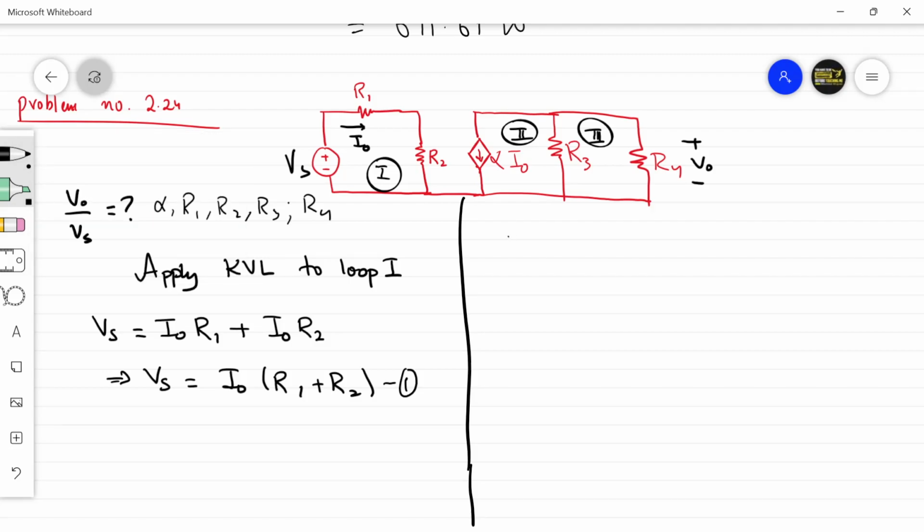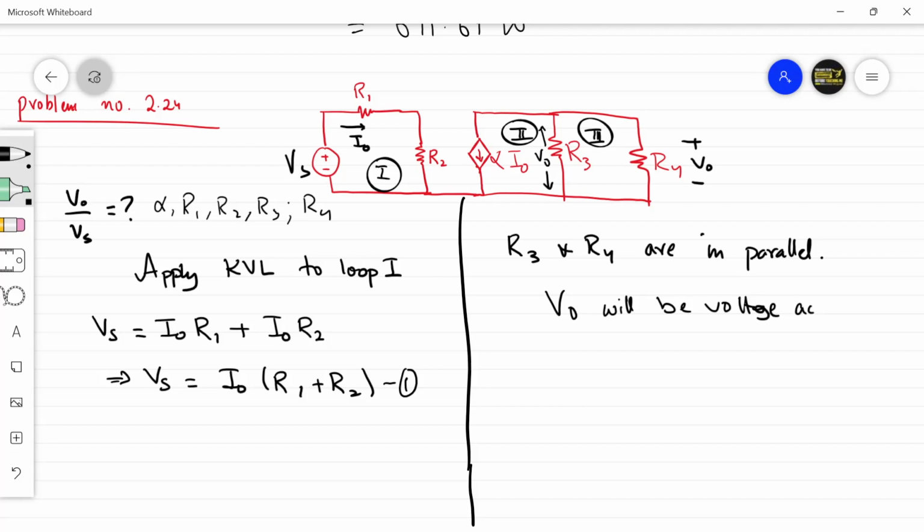R3 and R4 are in parallel. So V naught is the voltage across R3 as well. We do not need to apply KVL for that. V naught is the voltage across R3 as well. Alpha I naught is the current that's actually coming from this path.